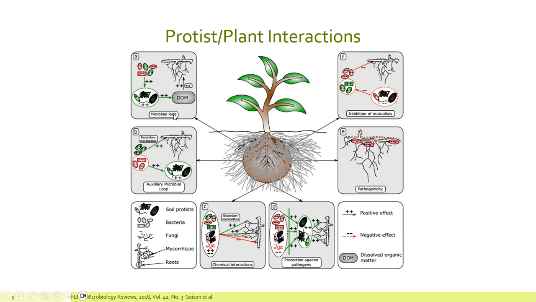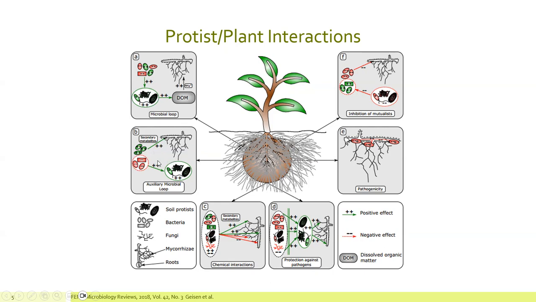That's labeled here as the microbial loop. However, we kindly called it the poop loop, meaning that whatever these organisms excrete, any residuals, the plant can take up, and those are nutrients that they're providing.